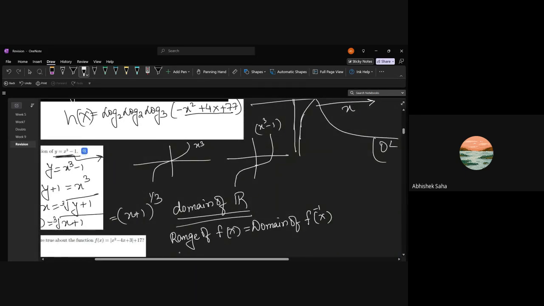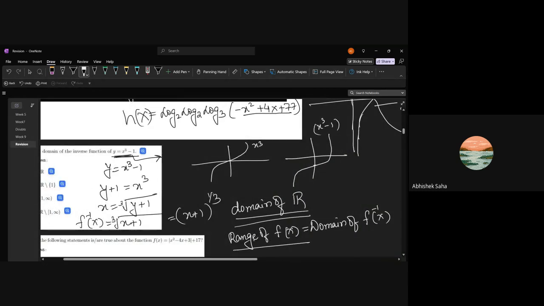So there is one way to calculate the domain. You can easily calculate by this way, and there is another way. Just find the range of that function. First of all, to find the range of this function, what is the domain of this function? Domain of this function will be R simply, right? You can put any value. The function is defined on the real line. And what will be the range of this function?